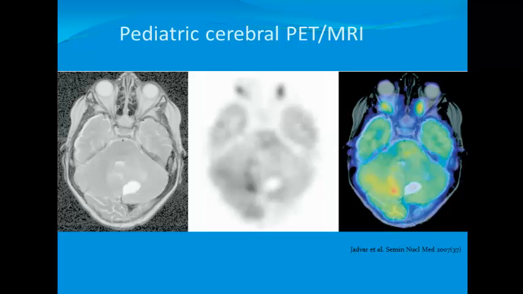We can see an area in the cerebellum with some contrast enhancement, with suspicion for whether there's actual disease recurrence versus inflammatory changes postoperatively. The PET does show some increased activity in the medial aspect of the cerebellum, and this does correspond with what is likely recurrence of disease.